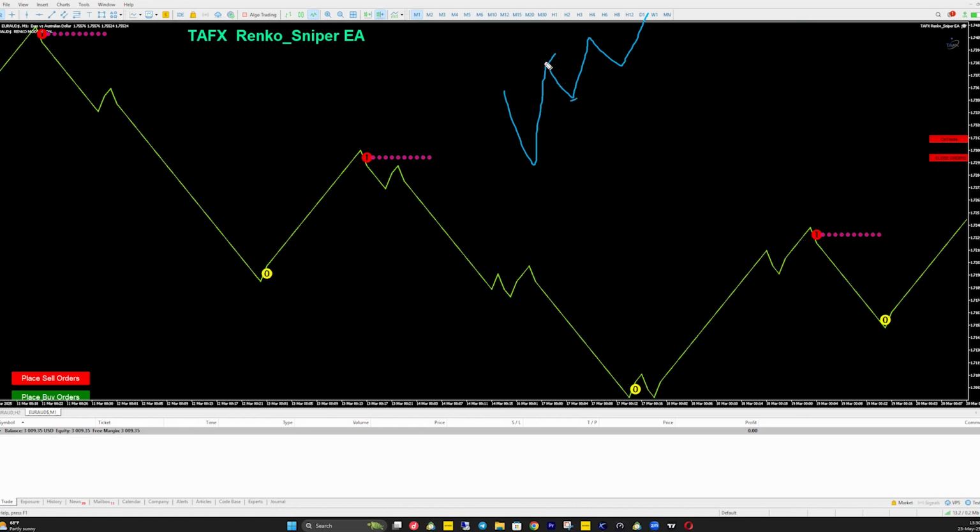When the last higher high is taken out, that's when we get the higher low, and that's when we are targeting to buy this market. Again, there is a BOS, the break of structure. After the break of structure, we get a higher low if it is an uptrend.